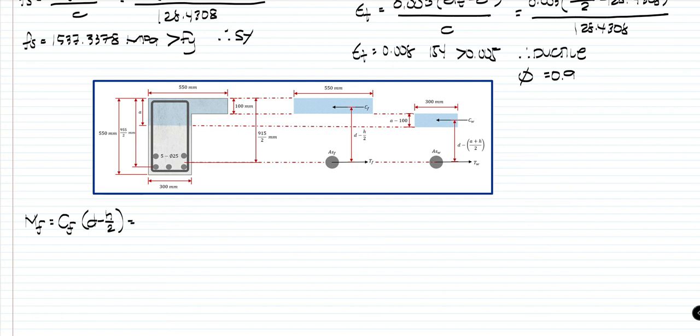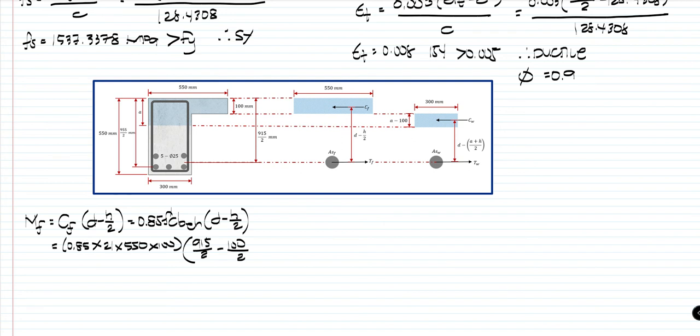So, our CF will be equivalent to 0.85 F prime C BEH times D minus H over 2. Substituting the values, we have here 0.85 times 21 times 550 na effective flange width times 100 times 915 over 2, which is the D, minus H, which is 100 divided by 2.